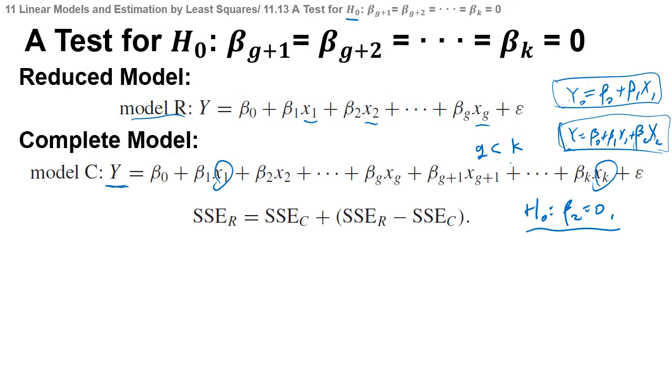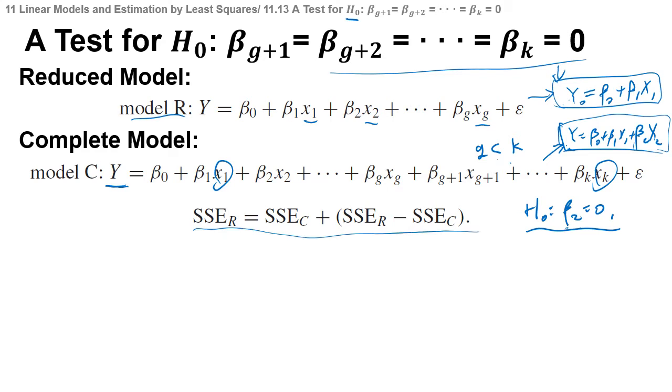If we reject the null hypothesis, then we probably think that the complete model would be better. And if we cannot reject the null hypothesis, then we would conclude that the reduced model would be better. To do this type of testing, we use the knowledge like this.